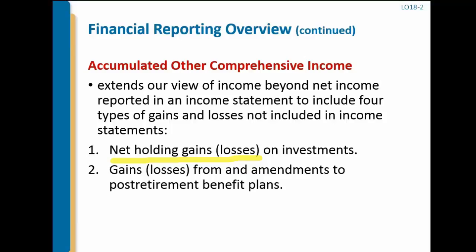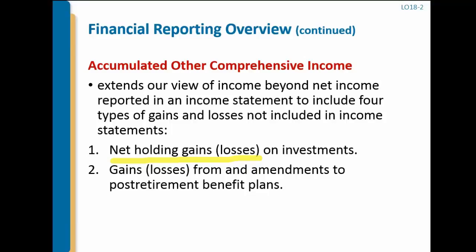Gains and losses from amendments of post-retirement benefits. So this is what we talked about last week, and in fact that problem that I did the video on, there were amendments to the plan, and these amendments to the plan created a liability. That liability stays in accumulated other comprehensive income and then is dispersed to the expense side based upon the remaining life of the participants.